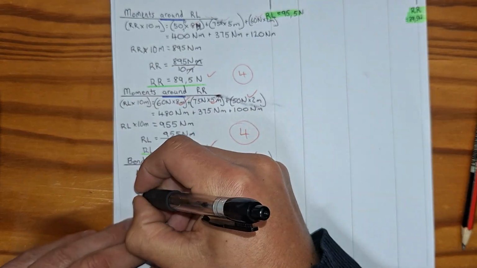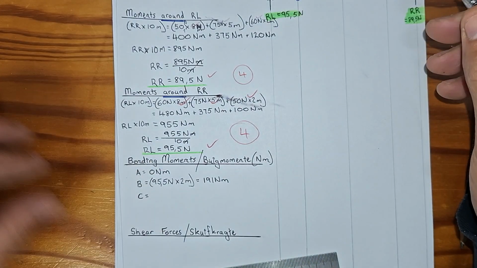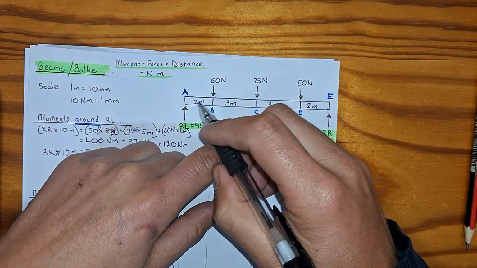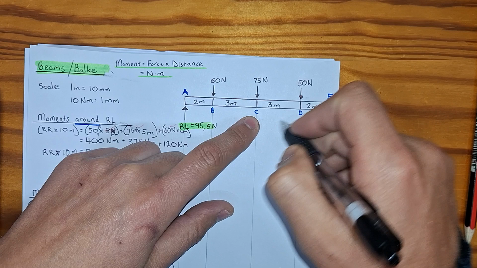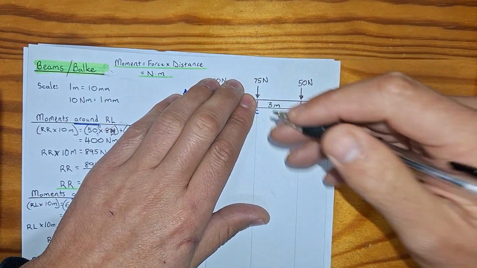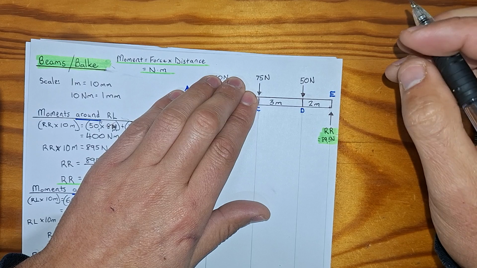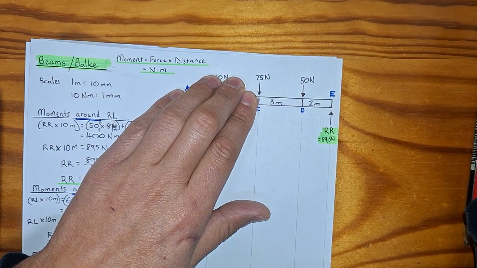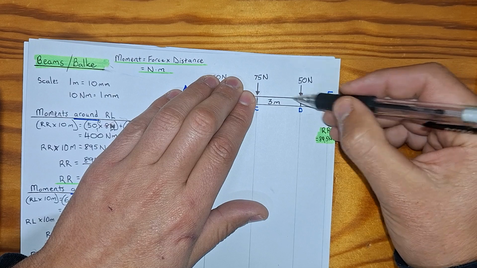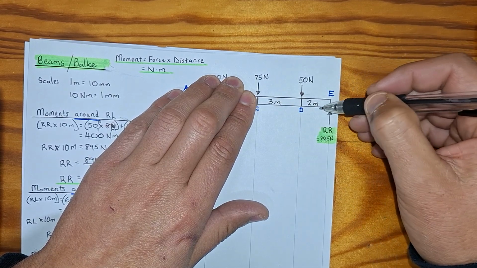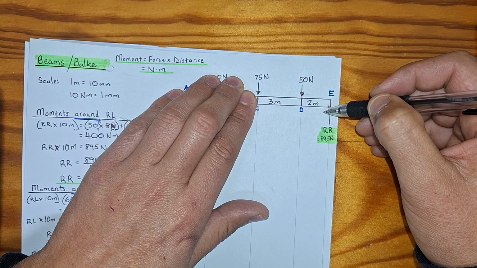Okay, now for C, the bending moment at C. C is exactly in the middle, so now we can choose, are we going to work towards the left or work towards the right? To calculate this, we have to multiply the external forces, external moments, sorry. So the force times the distance, and there's another force times the distance. If there are 2, we will have to add those 2 moments to each other.